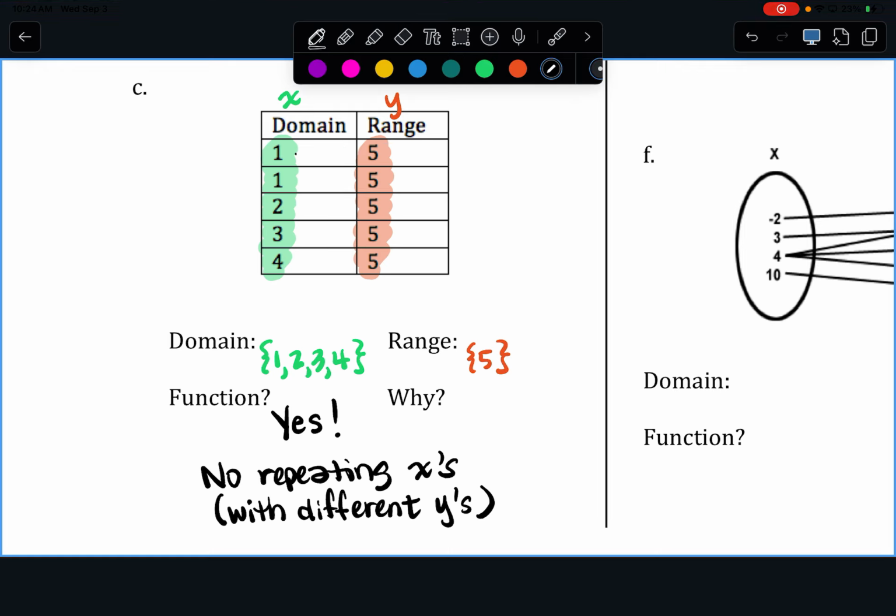Let me keep that there. If this was like a 6, then this would not be a function, because I can't put in a 1 and get out 2 different y's. I just want to make sure we're clear about that.